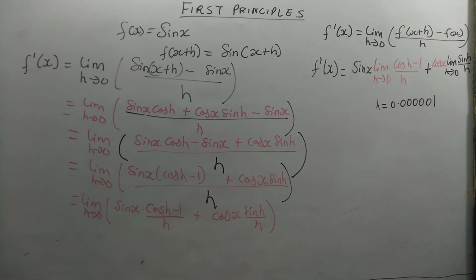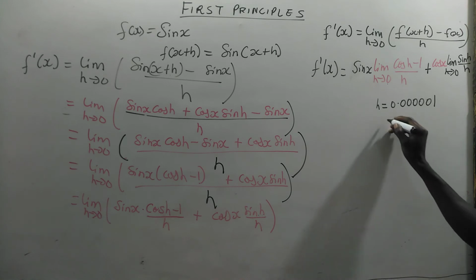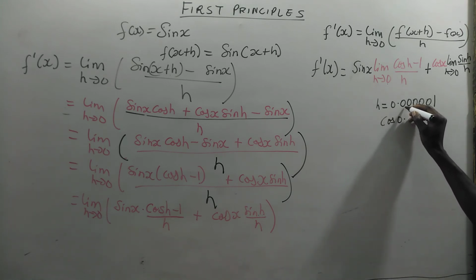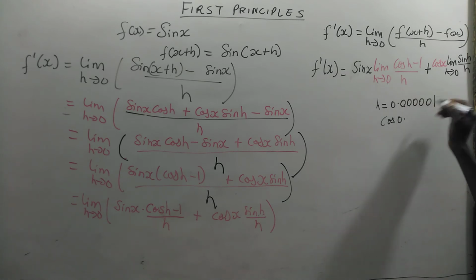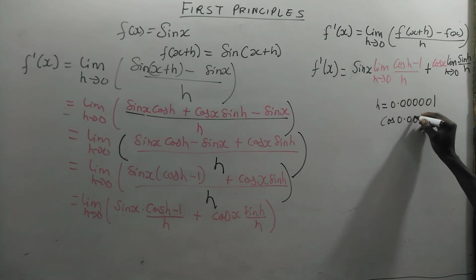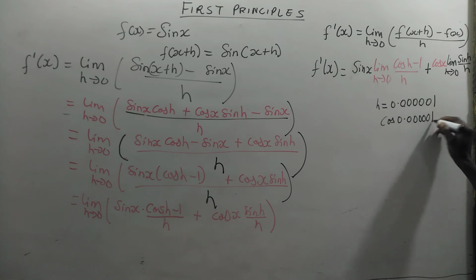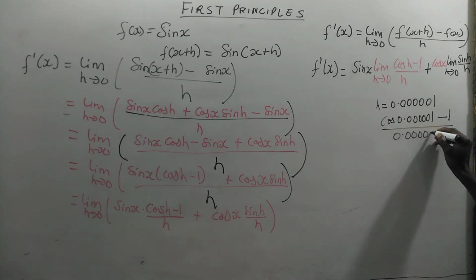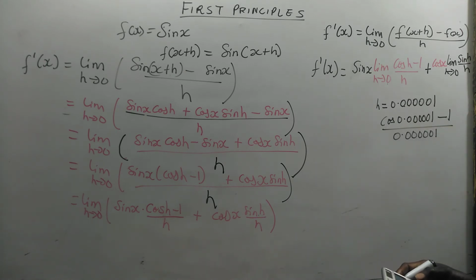That is, h is approaching 0. So take your calculator and type cosine of 0.12345, minus 1, divided by 0.12345 and see what you get.